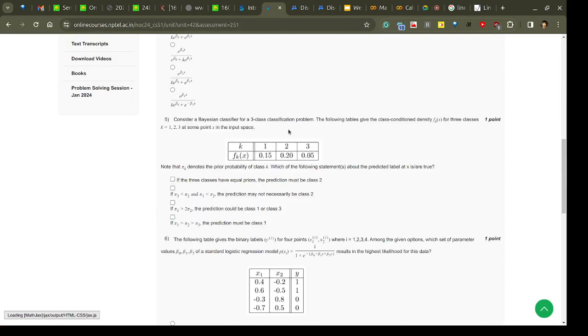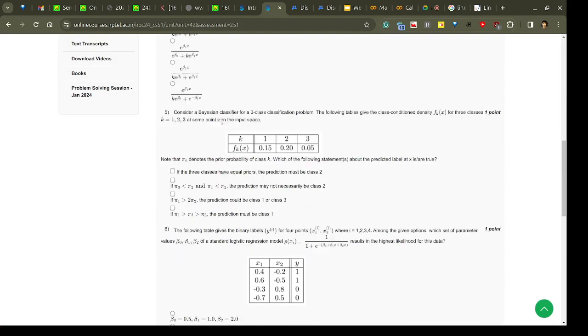Okay, so we have a classifier and we have a 3-class classification. So maybe consider win, lose, draw, that kind of thing. The following tables give the class conditional density of 3 classes, k equal to 1, 2, 3 at some point.